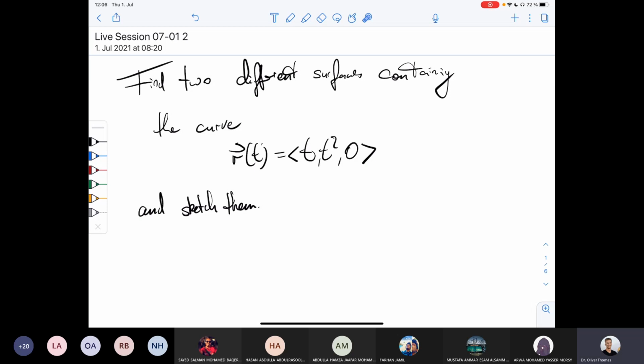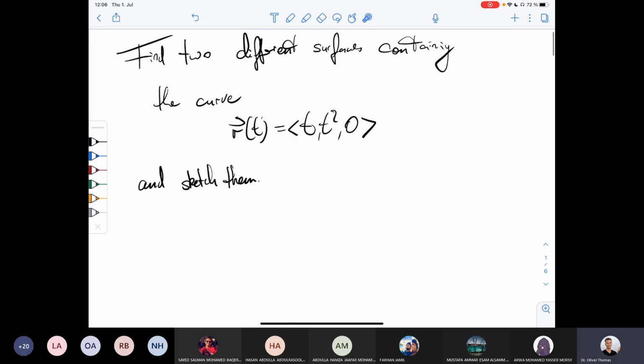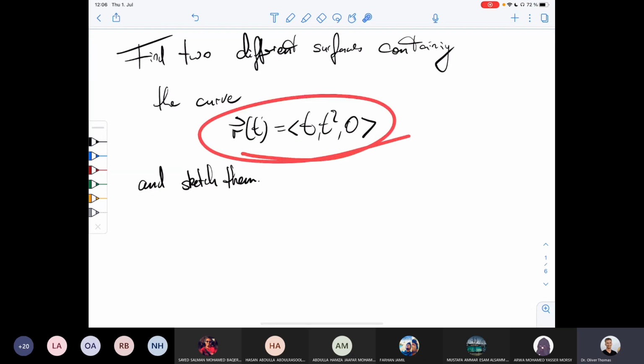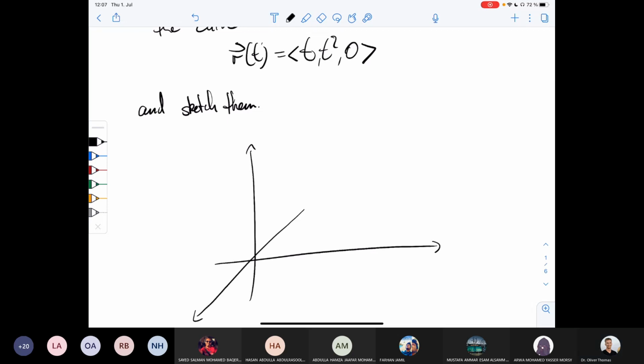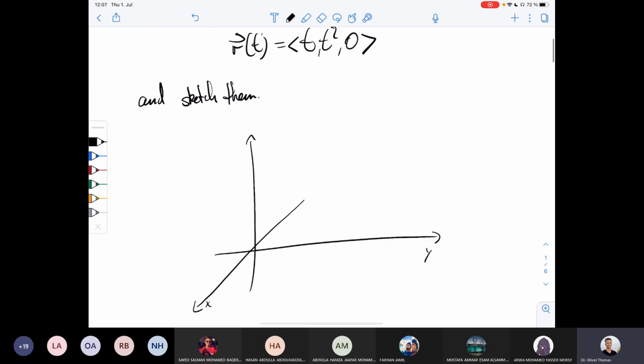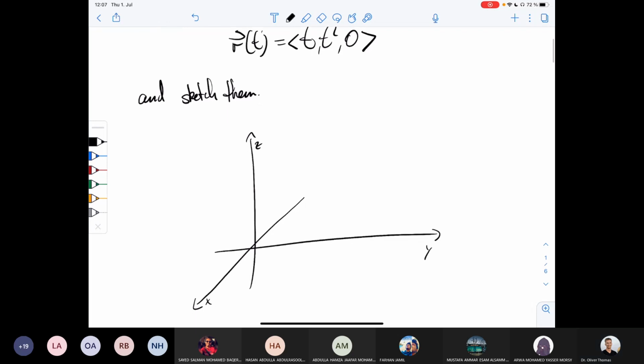Okay. So let's first take a look at what this actually looks like in three-dimensional space. If we plot the whole thing, then we have our x-axis, y, and our z.